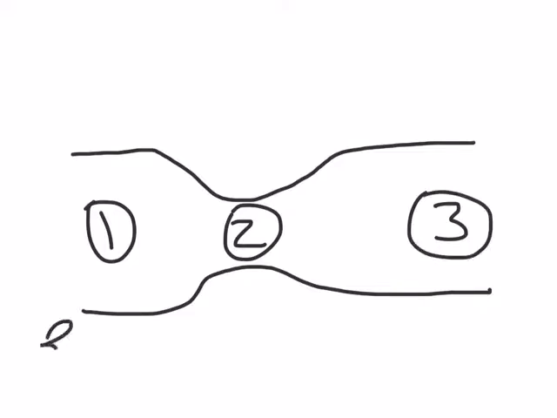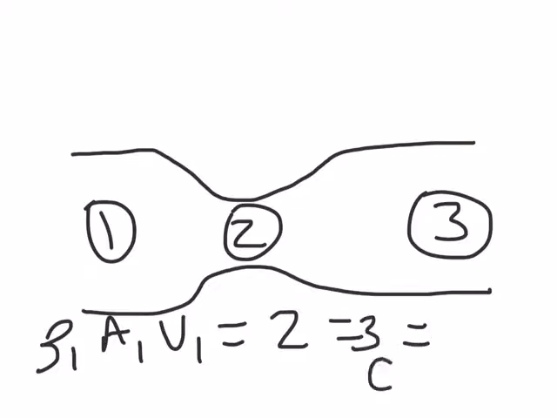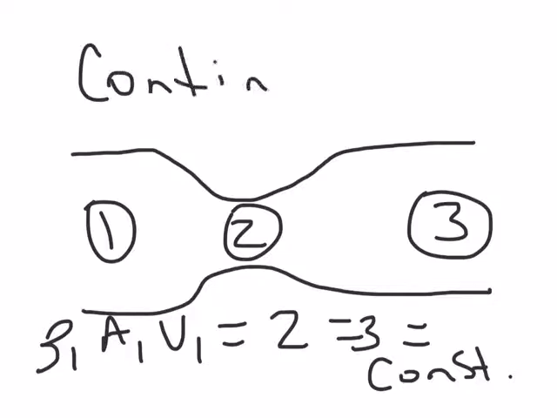We can say that the density at station 1, the area at station 1, and the velocity at station 1 is equal to the same at station 2 and is equal to station 3, which is constant. And that's your continuity equation. And this is important because we're going to talk about Bernoulli and airspeed measurement here in a second. And this is on page 21.